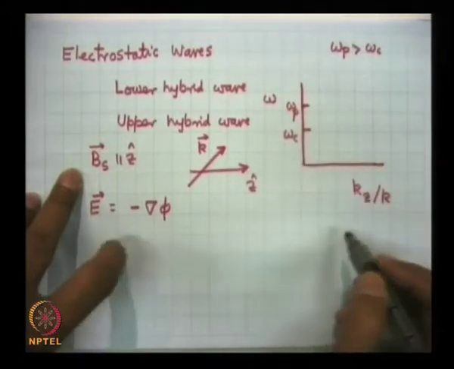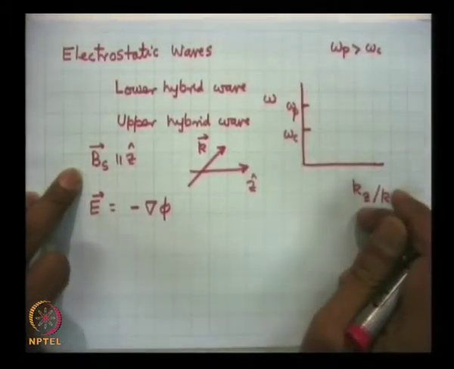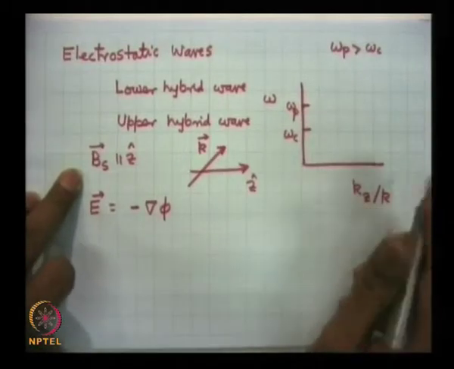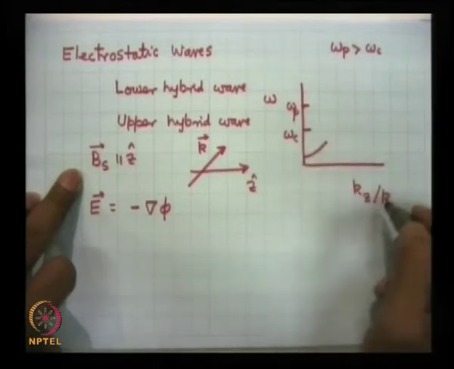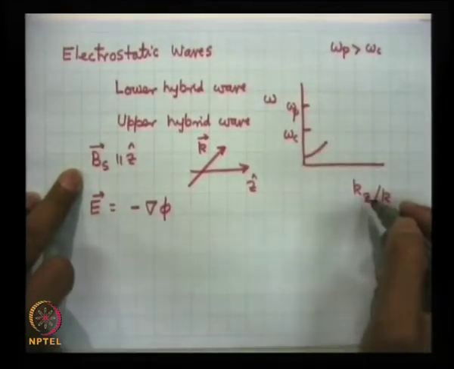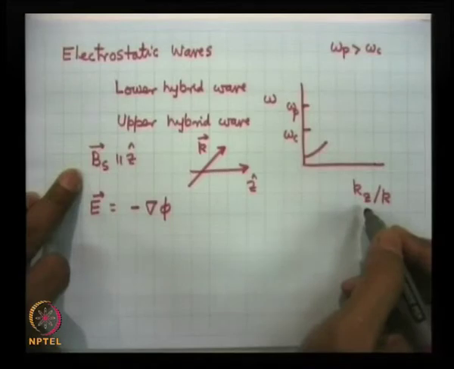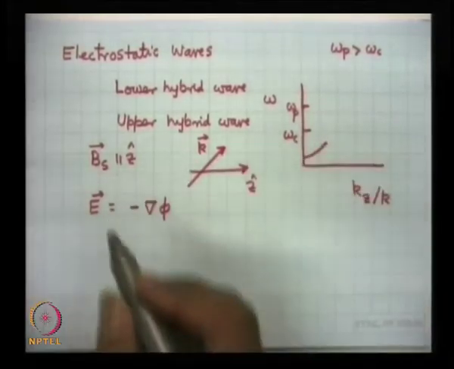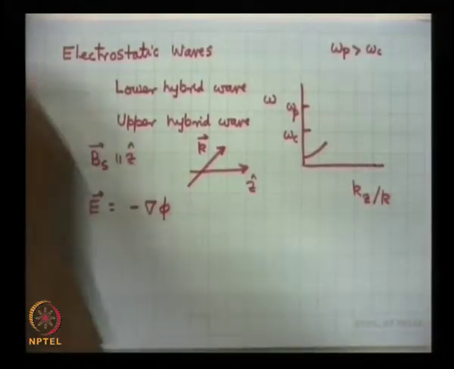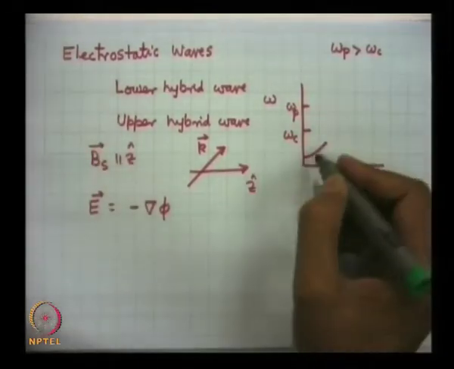This wave, when kz is 0, has a very low frequency and the frequency becomes large when kz becomes large. Sorry, opposite, I am sorry, I made a mistake. Let me remove this portion.